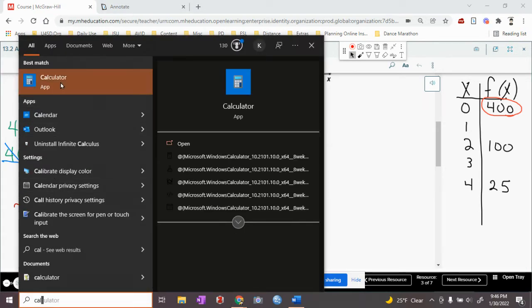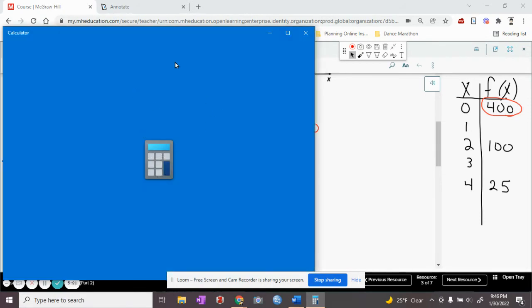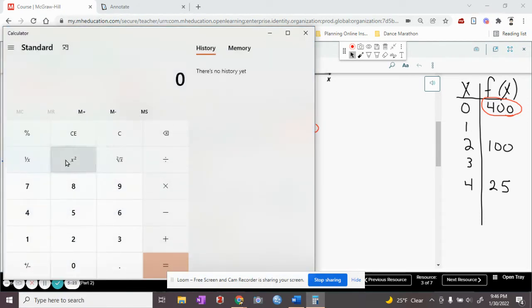Okay, there's my calculator. And I'm going to do the square root of 1/4. That's 0.25. It's going to make me do the 0.25 first.